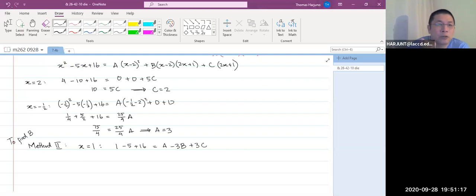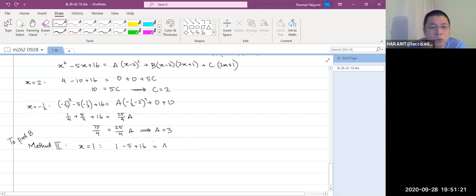Let me plug that in so that you see what actually happened. So a times 1 minus 2 squared, plus b times 1 minus 2 times 2 plus 1, plus c times 2 plus 1. That's a minus 3b plus 3c.